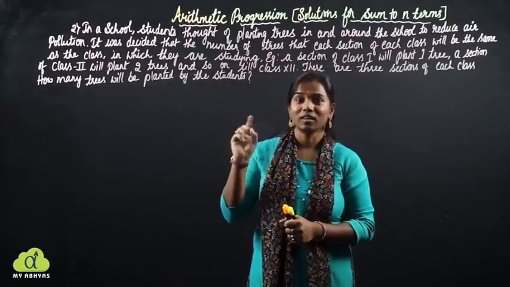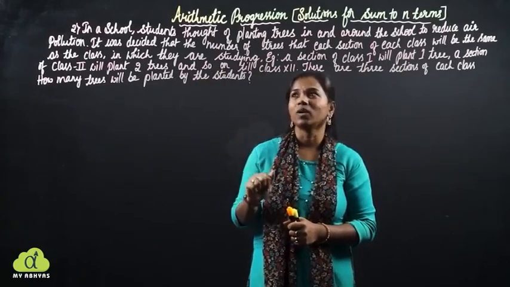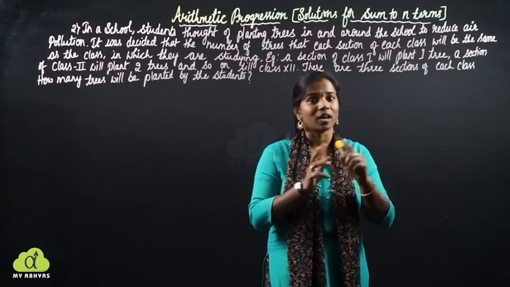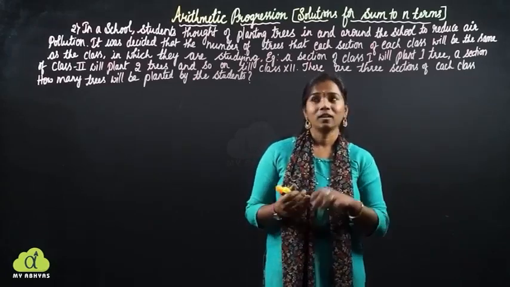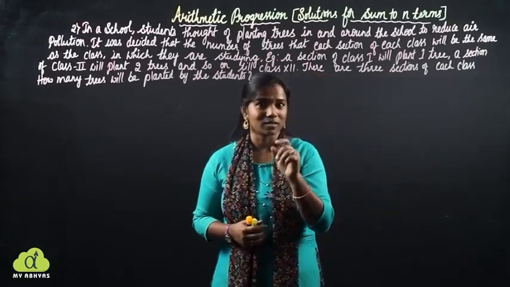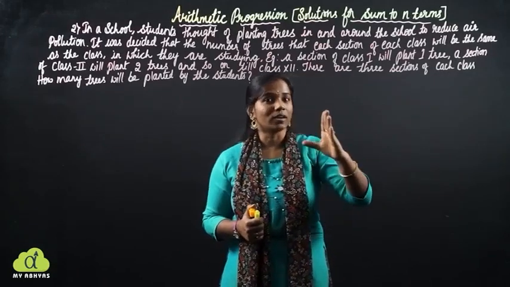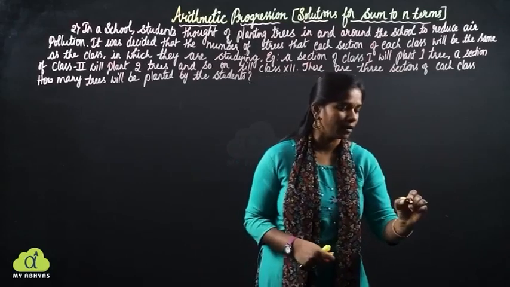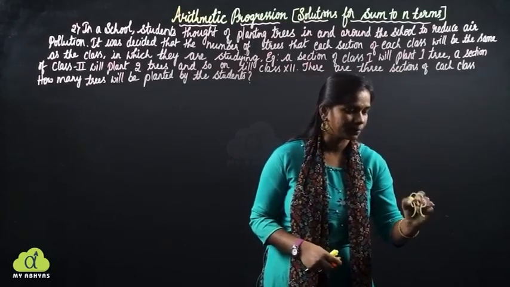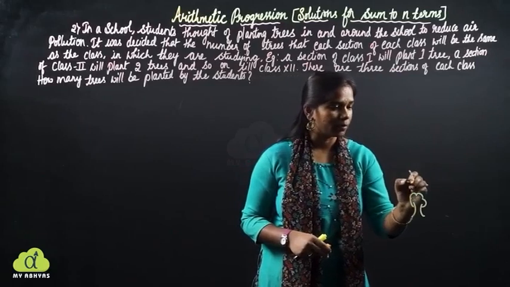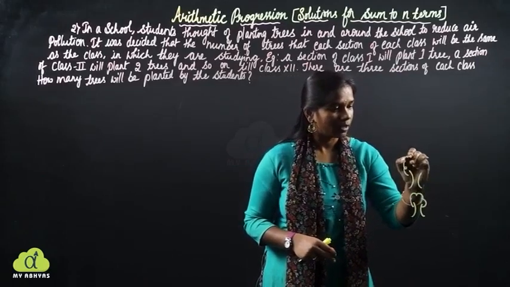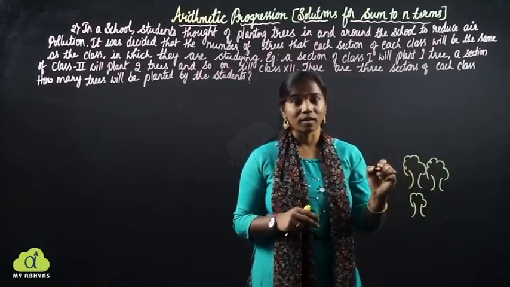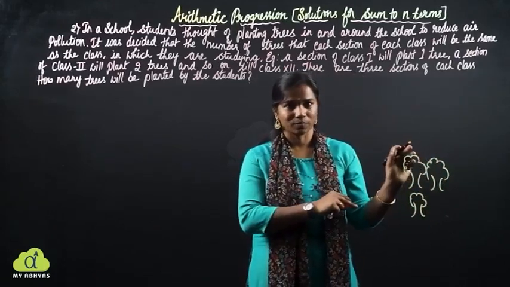So one school has taken an initiative to plant trees in and around the school campus. The school has decided to plant according to the classes. For example, class 1 will plant one tree, and class 2 will plant 2 trees. In that school, there are 12 classes.